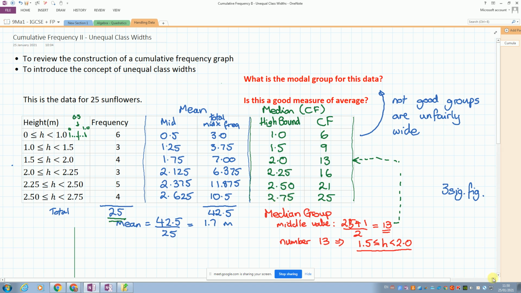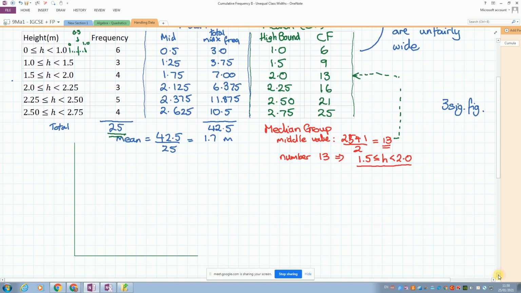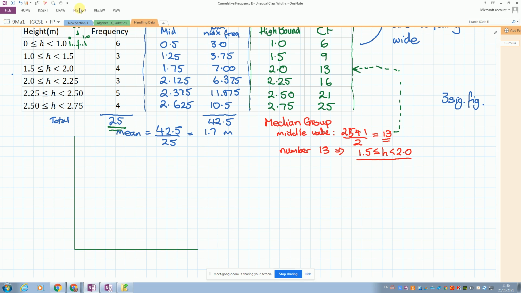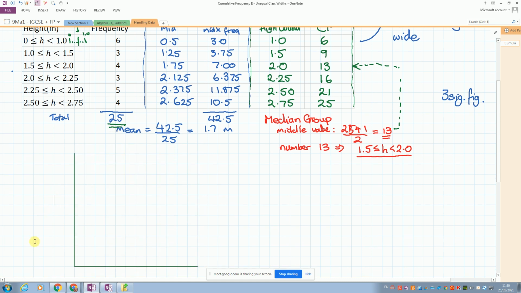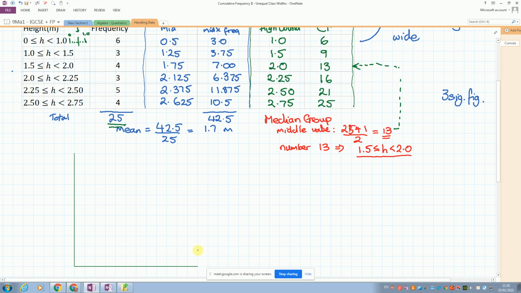Now, to get a better estimate for the median, we can estimate it from a graph, the cumulative frequency curve. So I take my graph. I've set my axes carefully so that I can measure it. Horizontally is my data value. What's my data value?